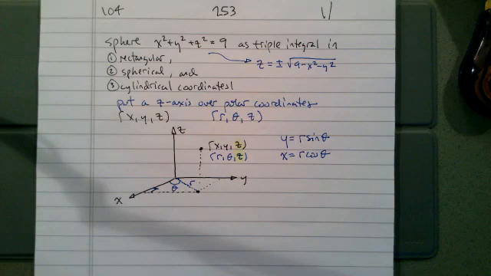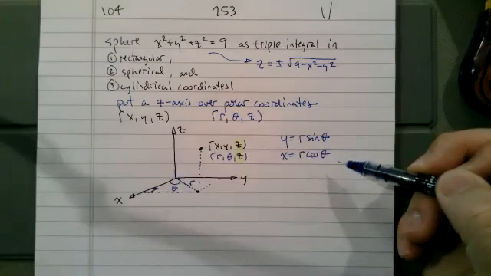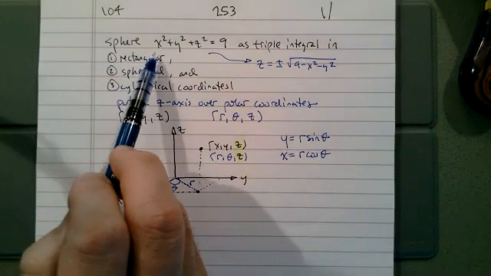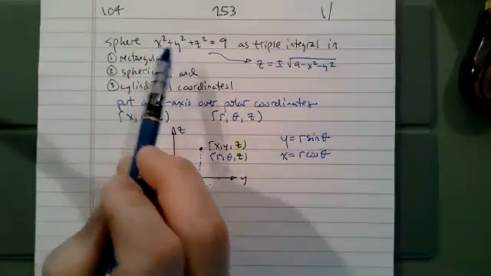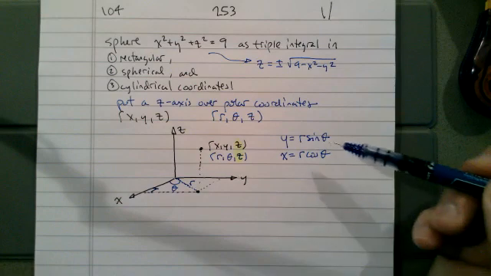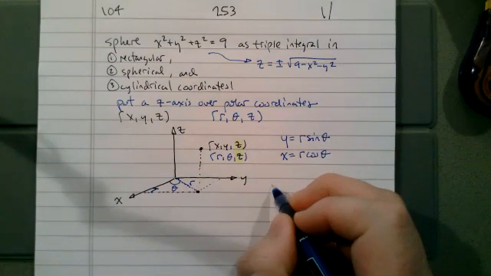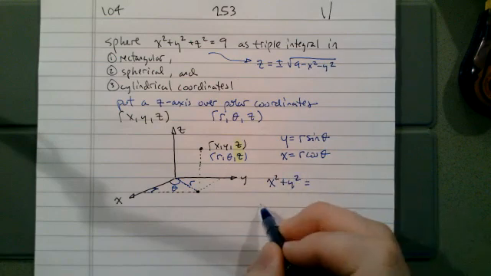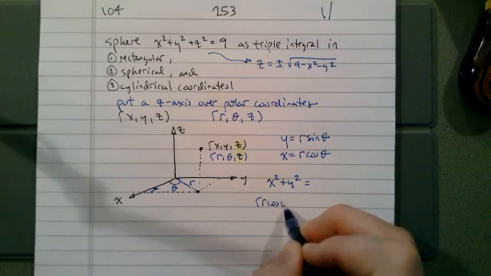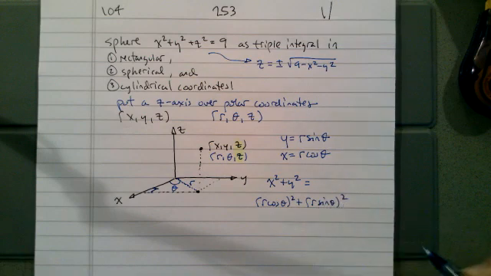So here we can see how x and y are going to combine, and it's really convenient that we have sine theta and cosine theta, especially because I picked a sphere to describe in cylindrical coordinates, because I have this x squared plus y squared. With x and y being cosine and sine, if I write x squared plus y squared, that becomes r cosine theta all squared plus r sine theta all squared.